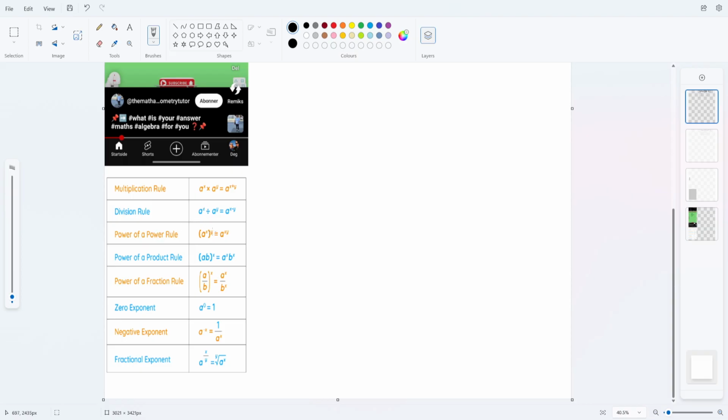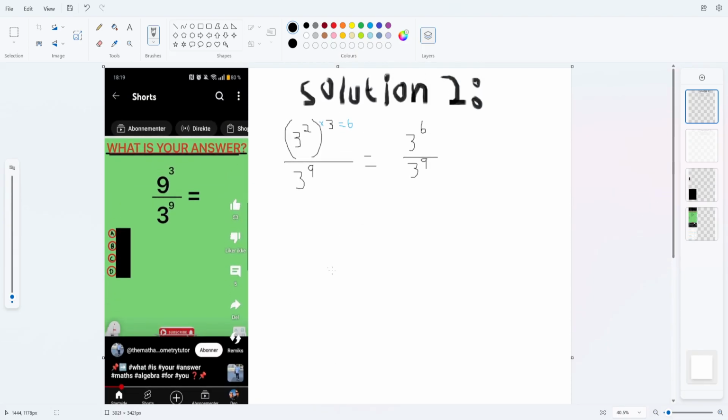First we use the power over power rule, and now we're going to use the division rule. A to the power of x divided by a to the power of y, if you have the same base, then you can use the division rule. Then you set that as a to the power of x minus y. You subtract them. So that's what we're going to do now.